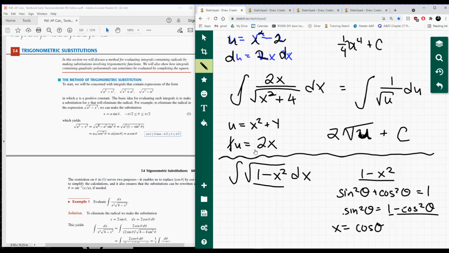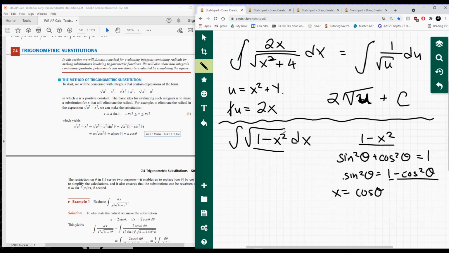And this is going to be x substitution, not u substitution. The difference is that when we do x substitution, we can directly solve for dx, which is going to be negative sine theta d theta. Now check that out. Typically for a u substitution, you have du related to some function of x times dx, which we then had to divide so that we only included a particular term on the right hand side.